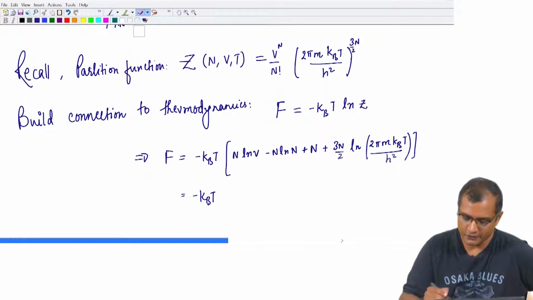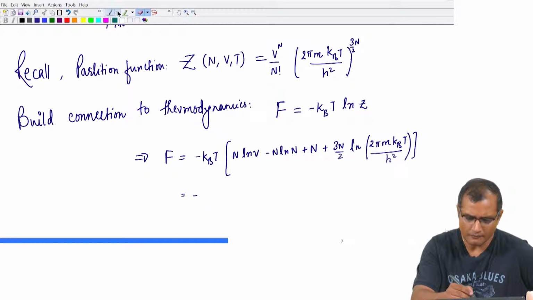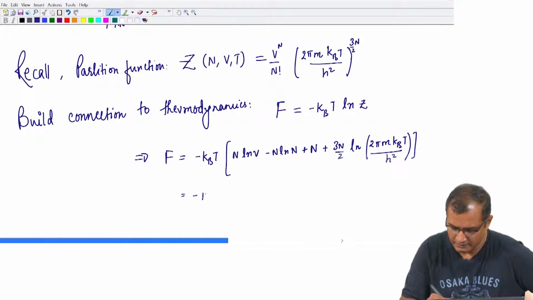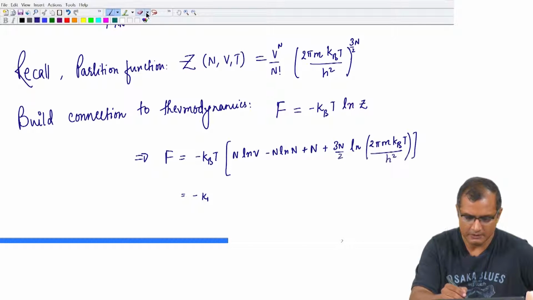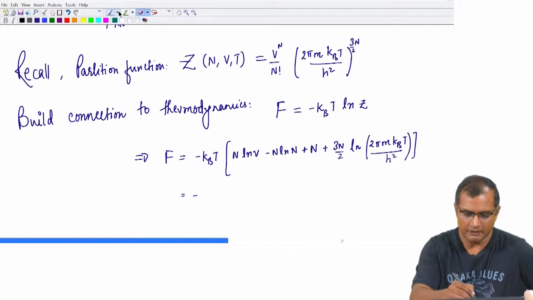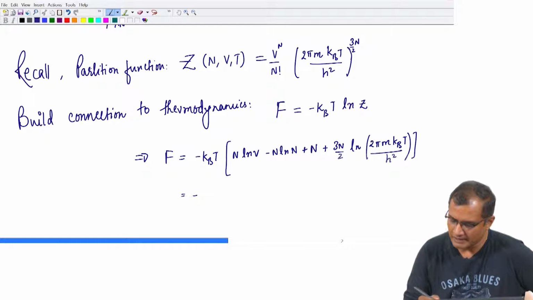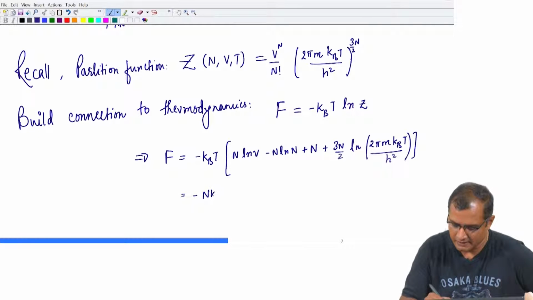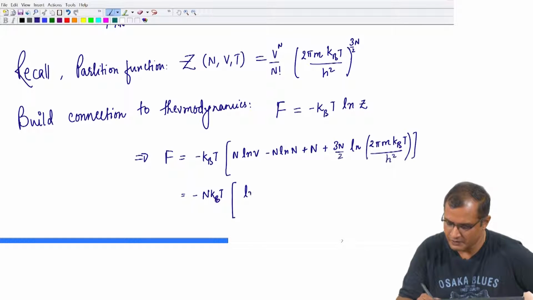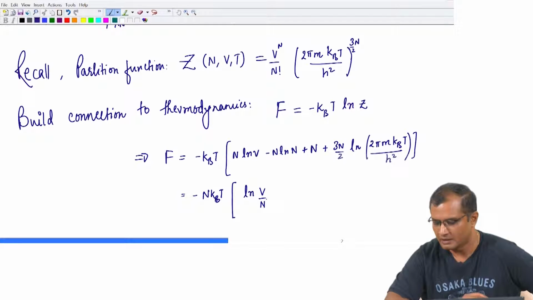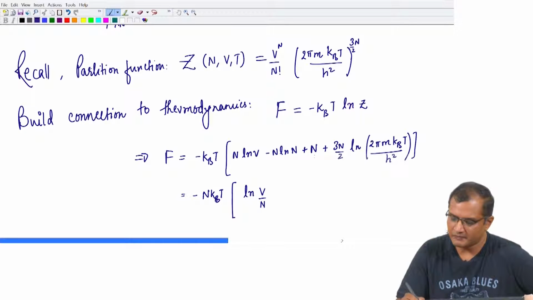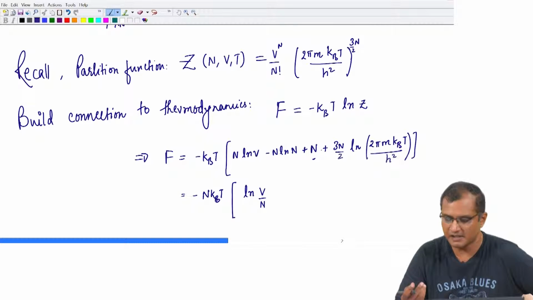You can pull out the number of particles and write it as minus N kT, and the first two logarithms can be written as logarithm V by N, and you have a 1 here when you pull out an N. So, you get a 1 here, that is ln e to the base e.